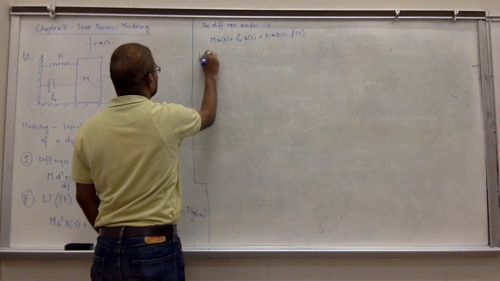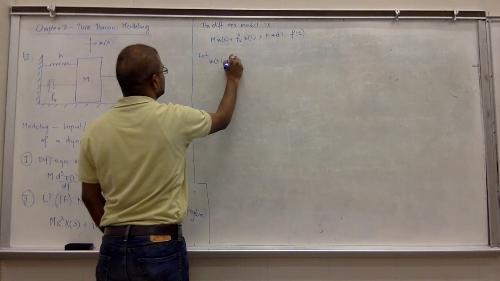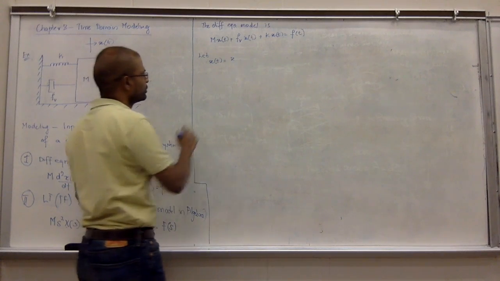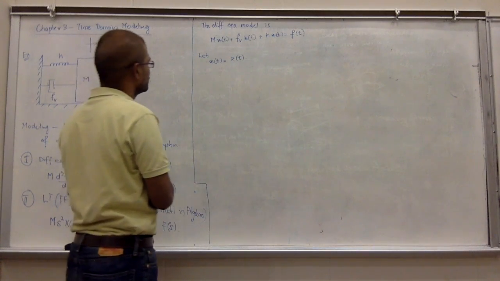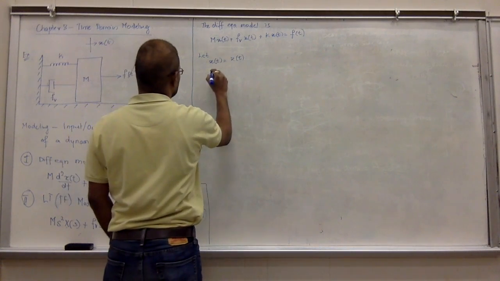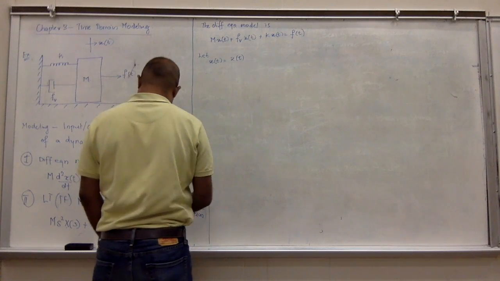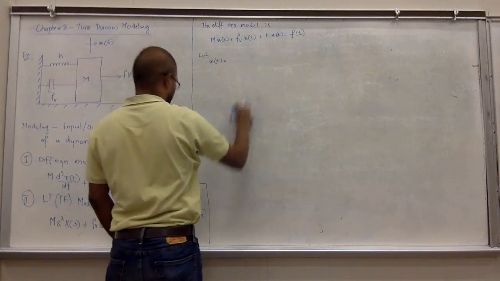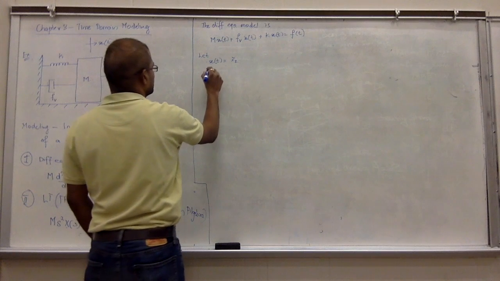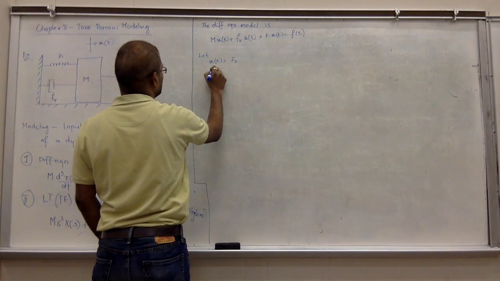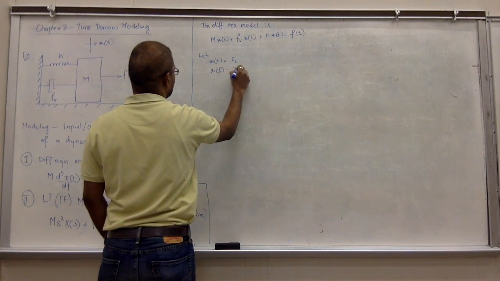Let x of t be equal to z, let's just call this z1, and x dot of t is equal to z2.